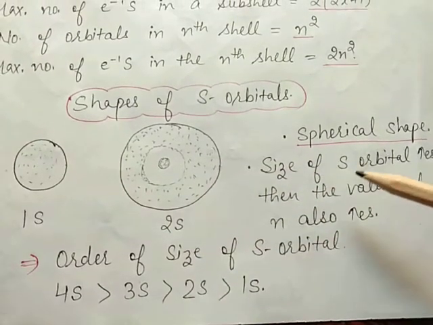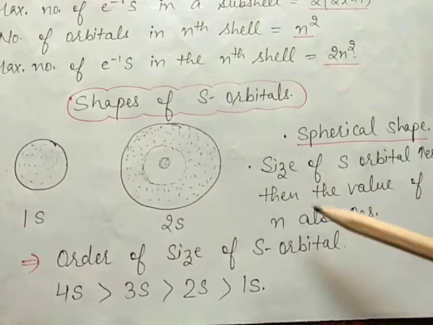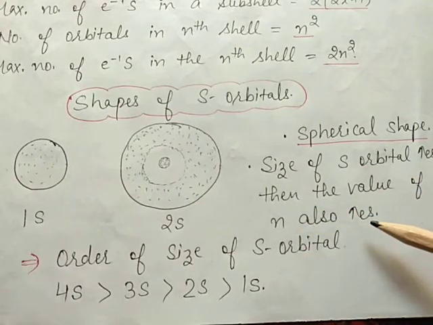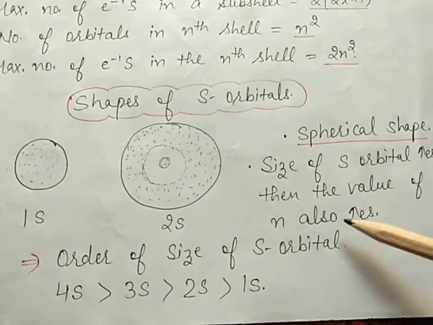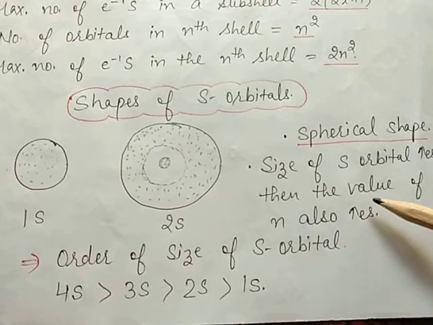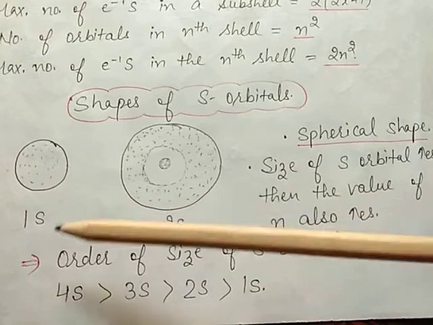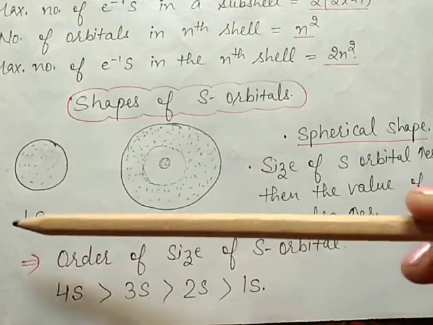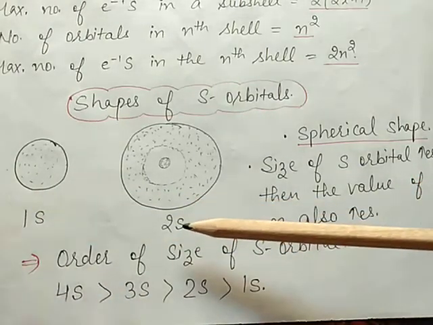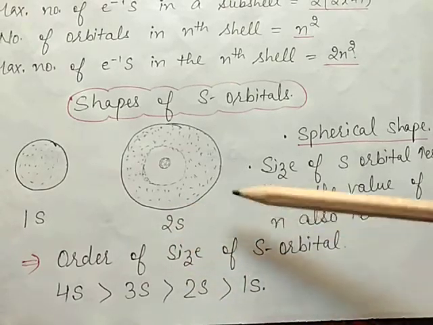As the size of s orbital increases, the value of n also increases. N value means principal quantum number value. Like this, 1s, here the n value is 1, 2s, n value is 2, 3s, n value is 3.